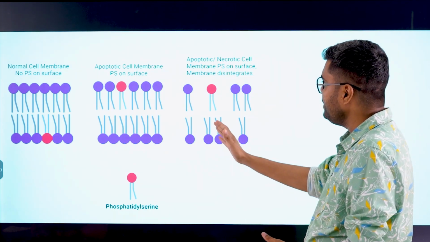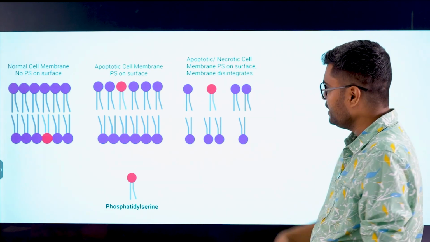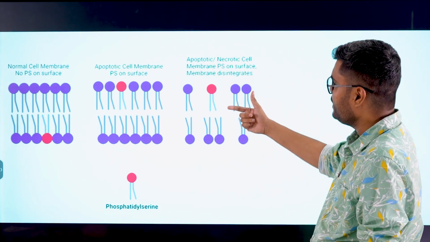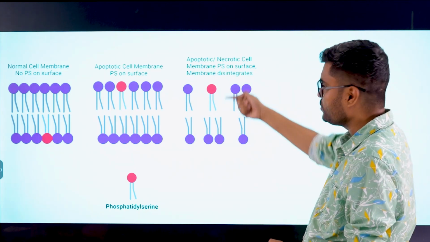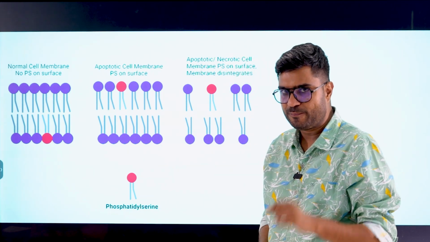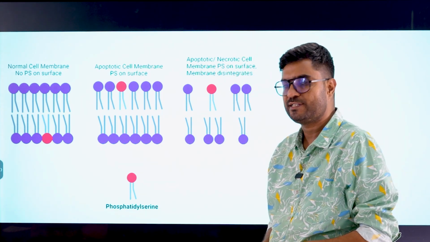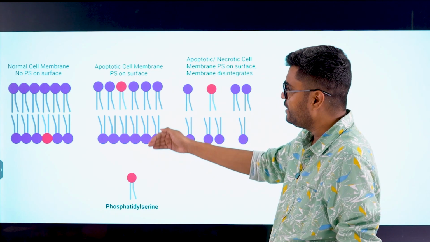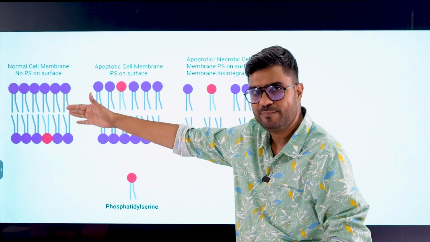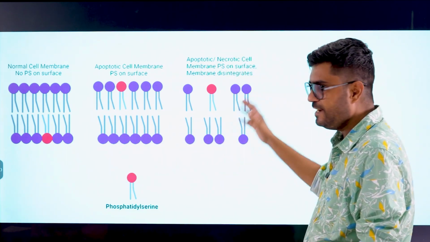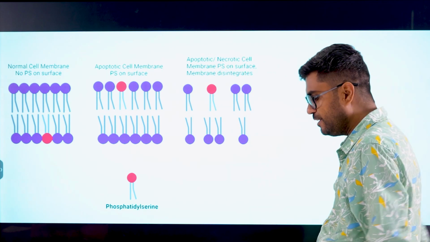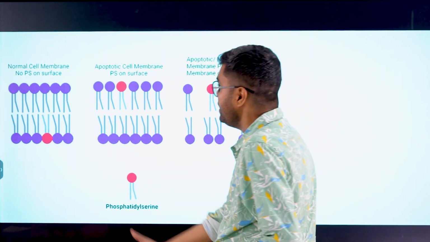The membrane will be disintegrated. There will be big pores in the membrane of the dead cell, and phosphatidylserine is outside of the cell. So during apoptosis, the phosphatidylserine will be outside. In a healthy cell, phosphatidylserine will be inside. And in dead cells, phosphatidylserine is outside with big pores or a disintegrated membrane.